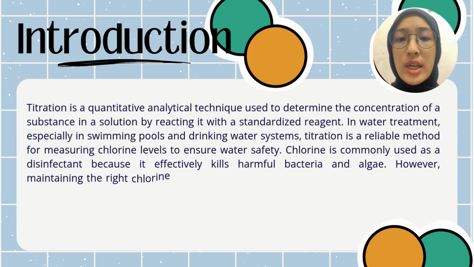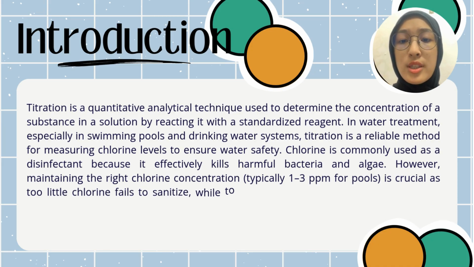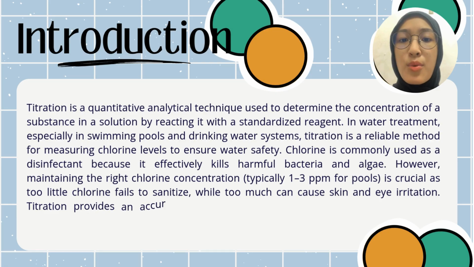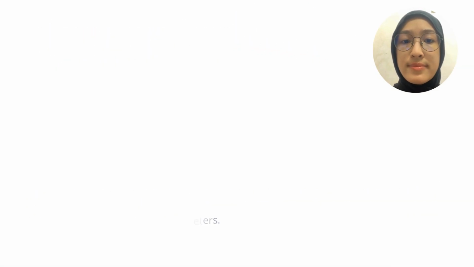However, maintaining the right chlorine concentration, which is typically 1 to 3 ppm for pools, is crucial as too little chlorine fails to sanitize, while too much can cause skin and eye irritation. Titration provides an accurate and cost-effective way to monitor chlorine levels compared to test strips or digital meters.